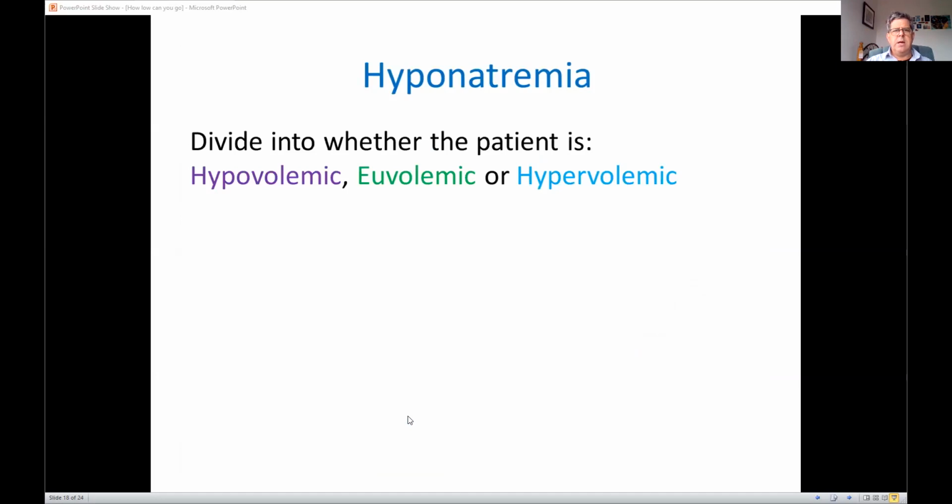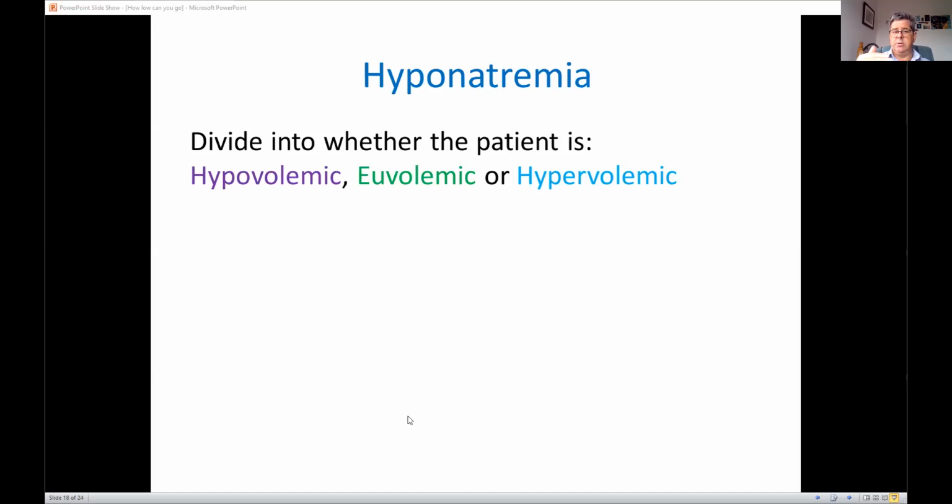Apparent hyponatremia is most commonly seen when you have to adjust the sodium according to how high the sugar is. Say someone comes in with a sodium of 115, but they've got a blood sugar of 40. You take how far above 10 millimoles per liter the glucose is.